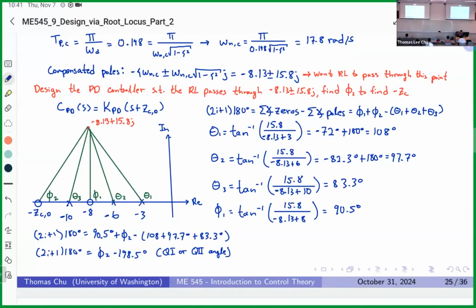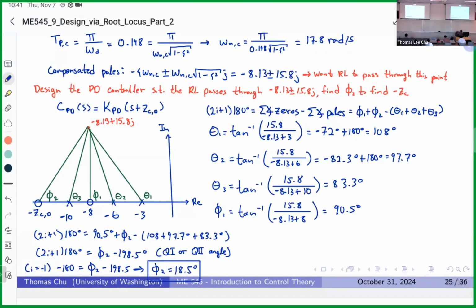So for a Q1 or Q2 angle, if I set i equal to minus 1, then we get this. This is for i equal to minus 1. So then we get phi2 is equal to 18.5 degrees.